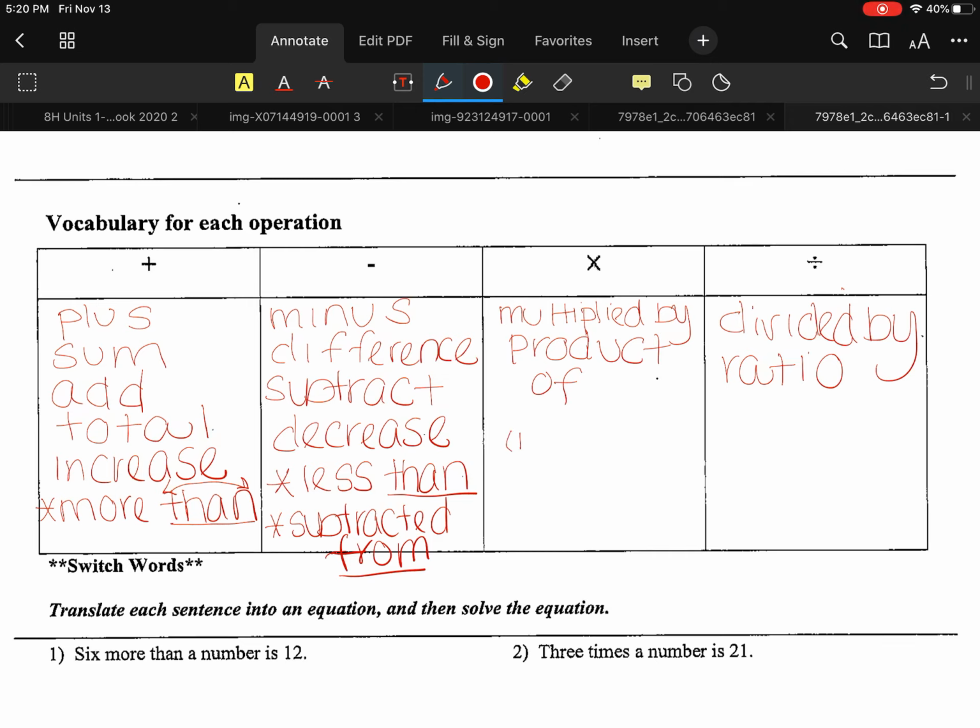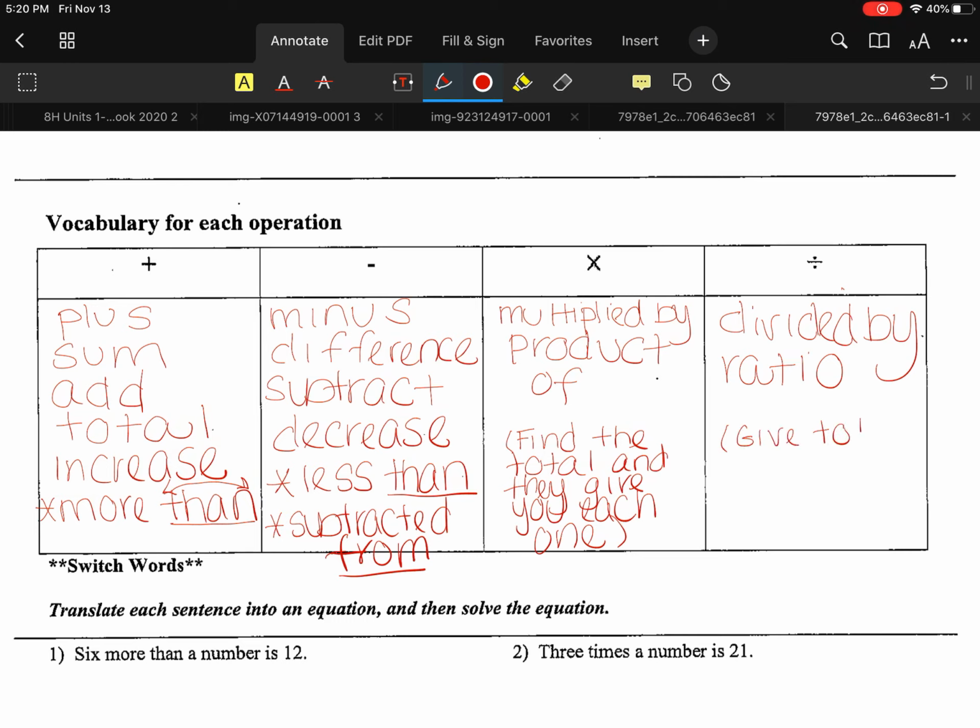So maybe just like down here, maybe we'll write find the total, and they give you each one.